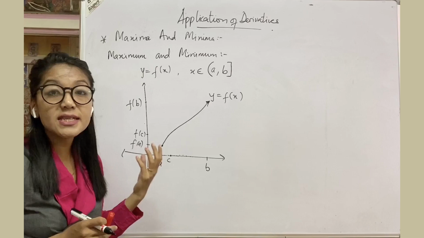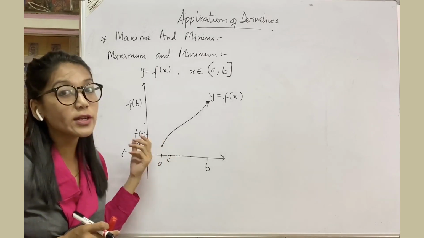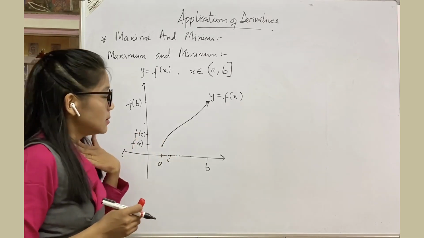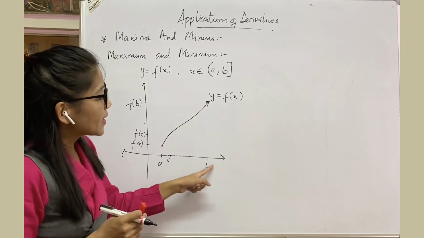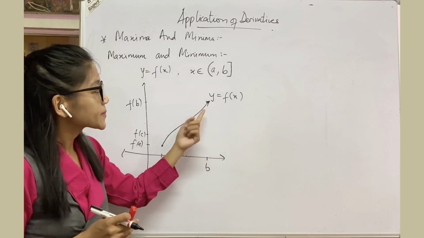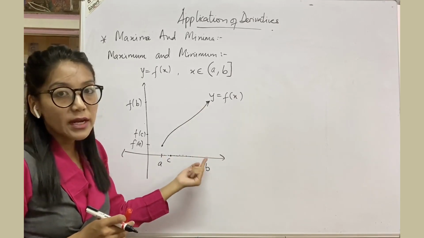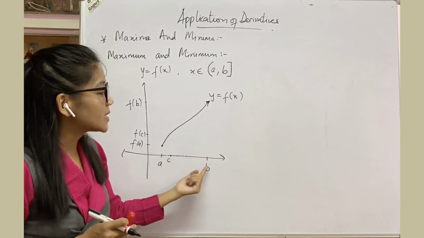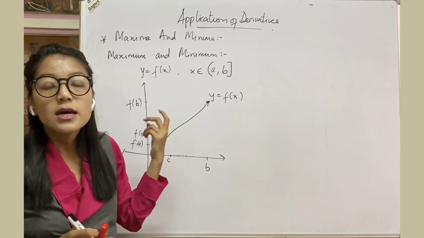Therefore we say that the minimum value of the function does not exist. Whereas you can find the maximum value, because b is included. Graphically you can easily see that at b the function is attaining its maximum value.